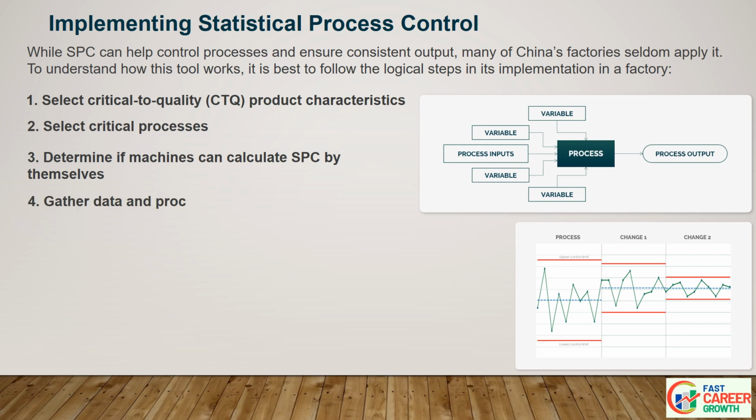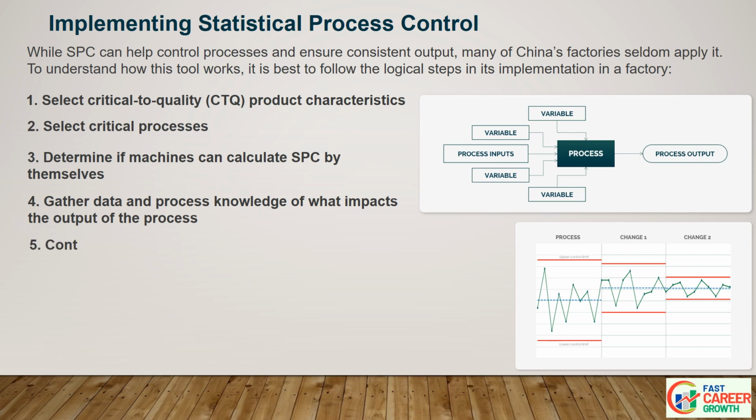Determine if machines can calculate SPC by themselves. Many modern pieces of equipment collect and analyze data, and then issue an alert when they get out of control. However, this is very uncommon in China, so let's assume this is not the case. It means you will need to carry out steps 4 and 5.